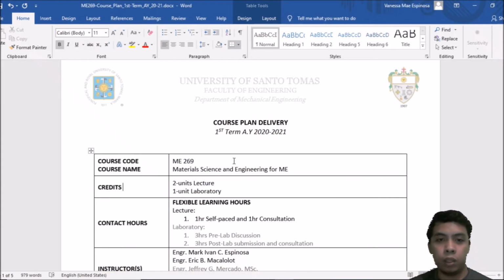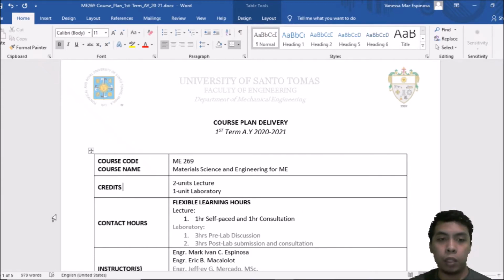Okay, so this is our course plan delivery for first term, academic year 2020 to 2021. Our course code is ME269 and the course name for this subject is Material Science and Engineering for Mechanical Engineers. Our credits are 3 units overall: 2 units lecture and 1 unit laboratory.